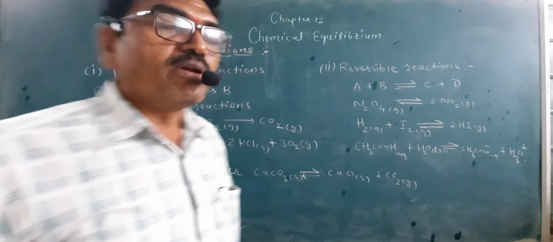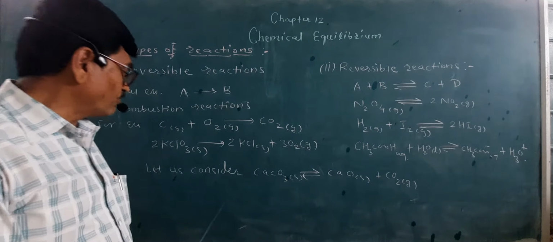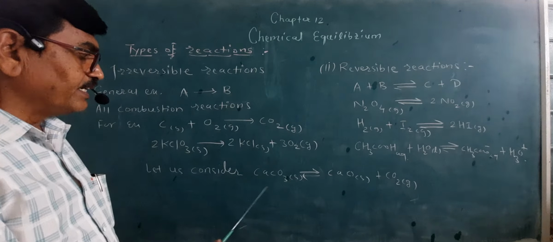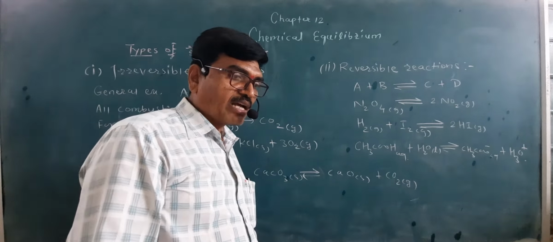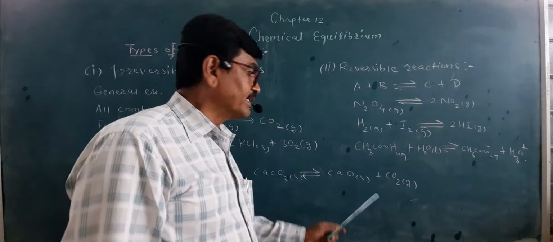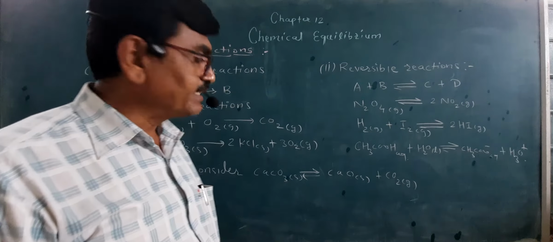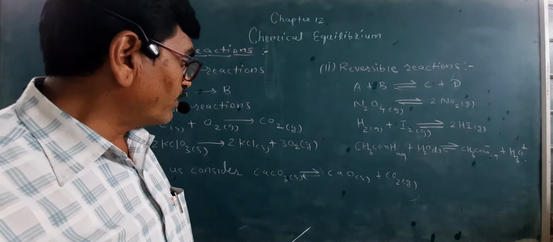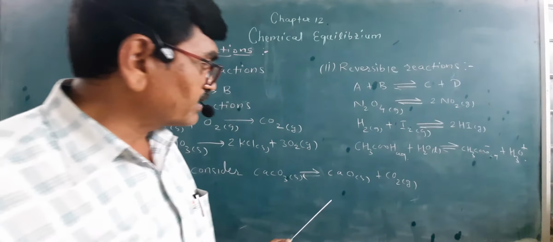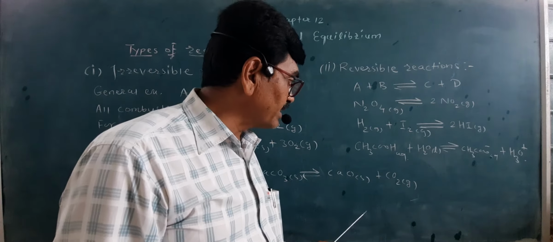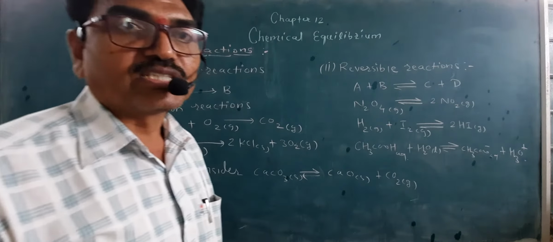Let us consider one more example now. Look at this. Let us consider the decomposition reaction of calcium carbonate. When this reaction is carried out in an open vessel, what happens? The decomposition of calcium carbonate on heating occurs and it gets converted into calcium oxide and CO2 gaseous.